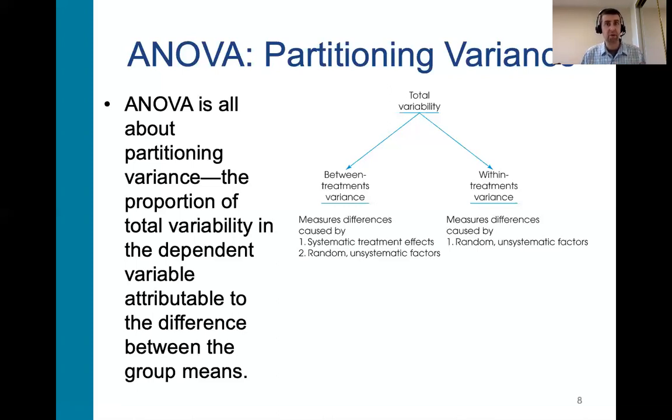And the only thing that can cause the means to be even further apart than random unsystematic factors are the systematic factors like a treatment effect, right? In this case, it's the drug effect that's being added to that. So if we take the between treatment variance and divide it by the within treatment variance, then if the only thing causing these means and these individuals to differ are random unsystematic factors, that ratio should be most of the time 1.